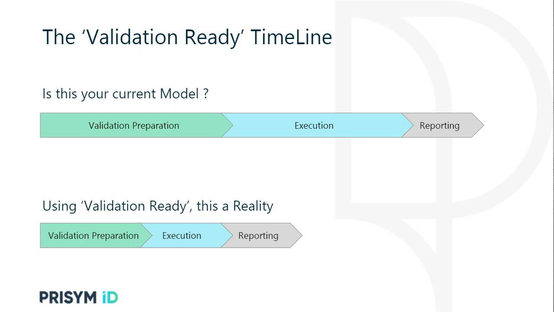So the $64 million question is, what does this do to my validation timeline? The example shows the traditional timeline for validation preparation followed by execution and reporting. However, if you are using the principles of validation ready, then your validation preparation is shorter as you've leveraged your supplier as the subject matter expert and their validation ready solution.